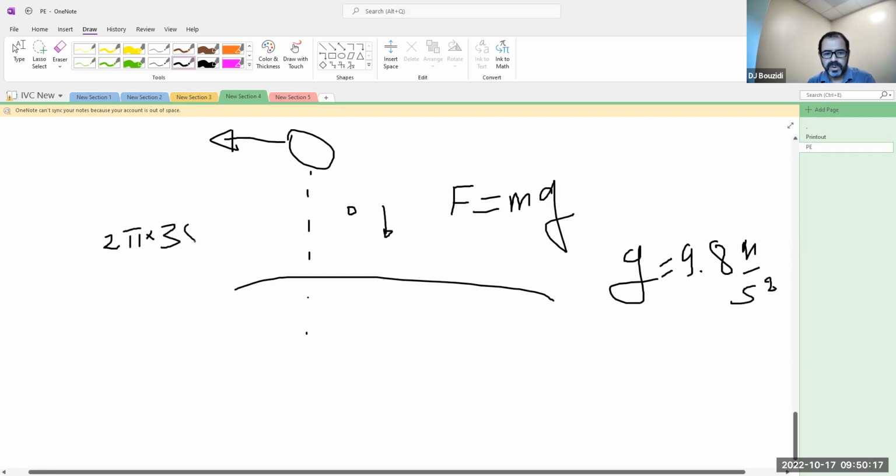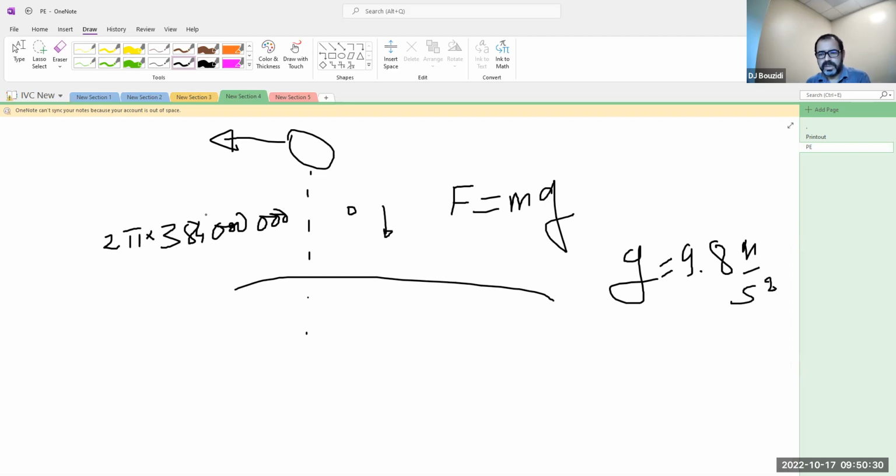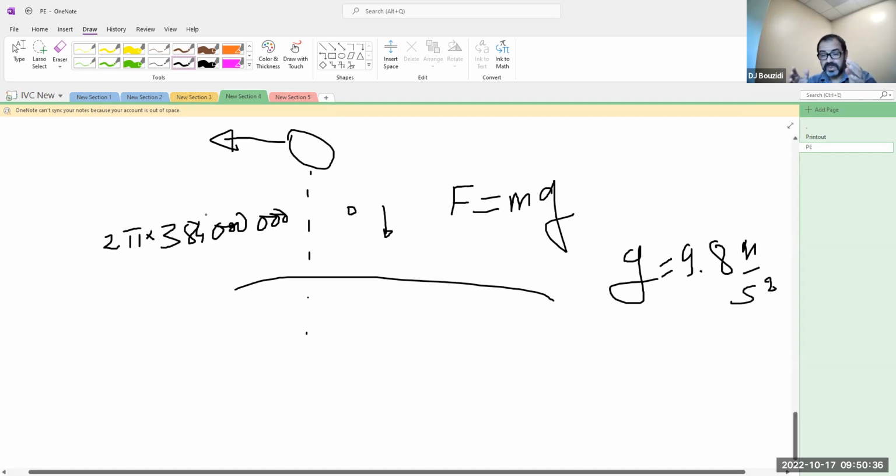This was one of the problems, by the way, of the homework. 384,000 kilometers, or 384 million meters, because remember, I have to use meters per second at the end. So it's 384 million meters times 2 pi. That gives me the path that the moon takes to go once around the Earth, which is 1 lunar month.